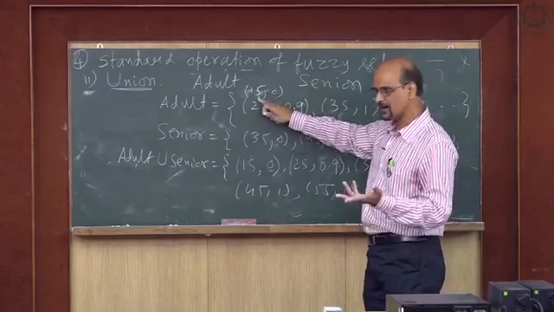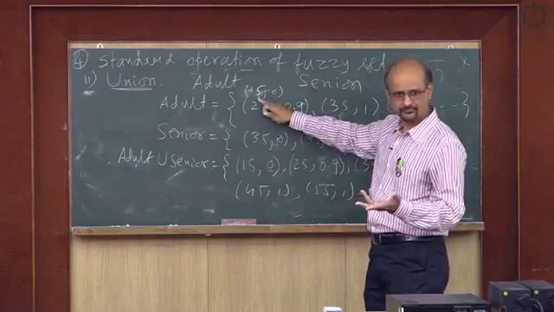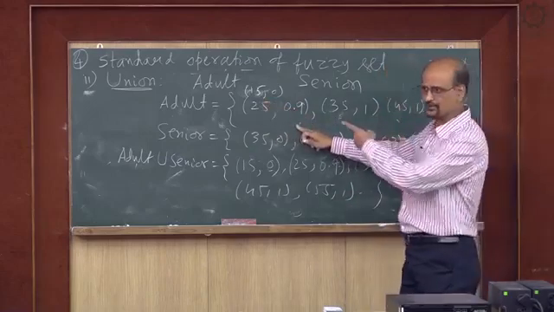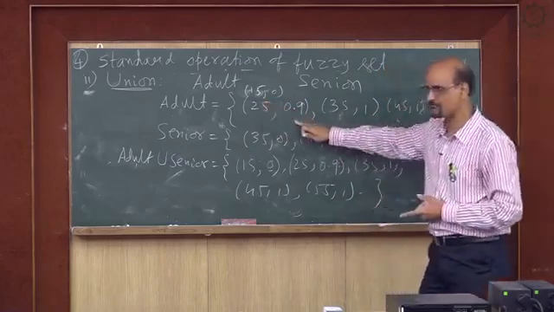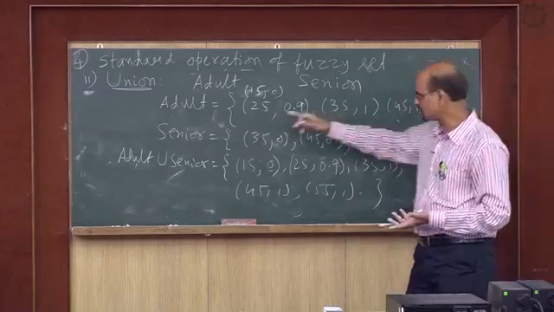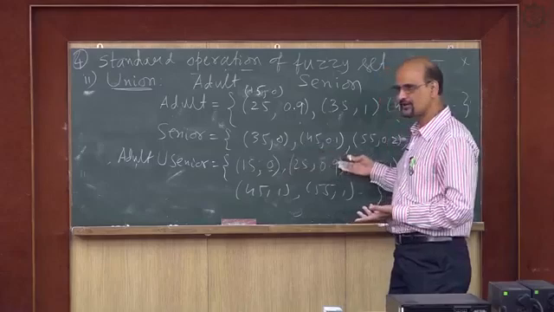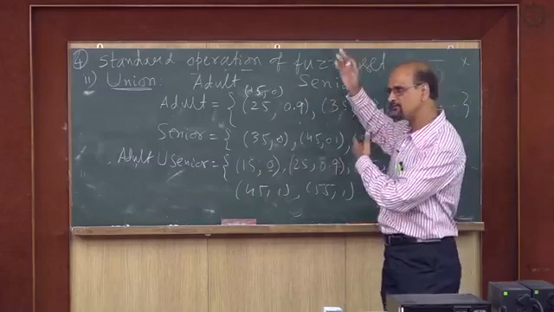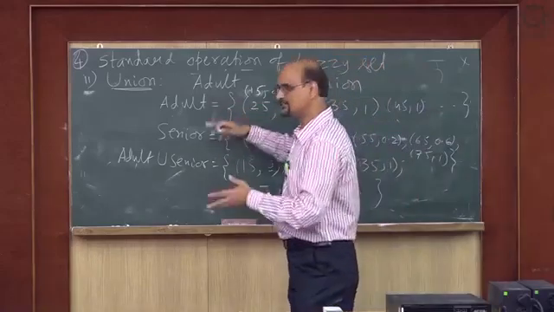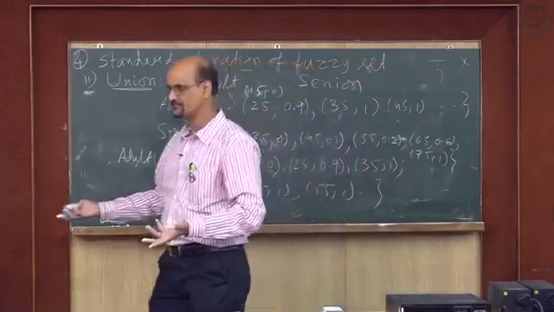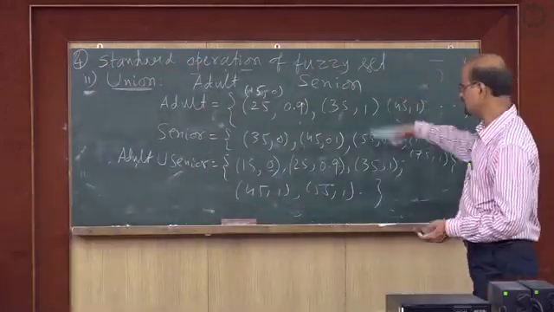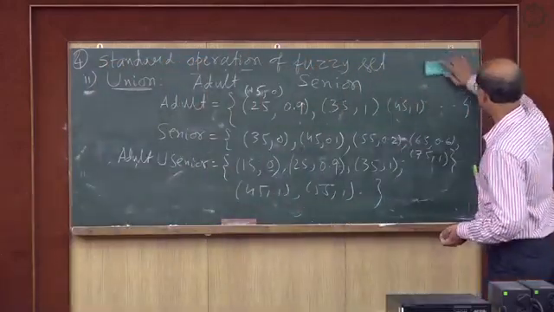First 15 1, 15 1, 25.1, I forgot to take the example, but here I can take 25.1, 35 0, 45 0. If I want to take senior complement, that also you can write, take the complement of union, adult union complement, adult complement union senior complement. So, these games you can play very well if you have understood, okay, and it is very easy to understand.